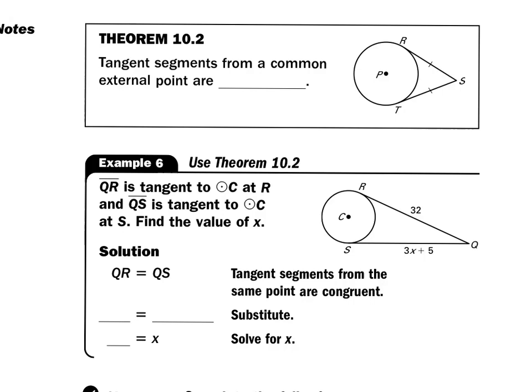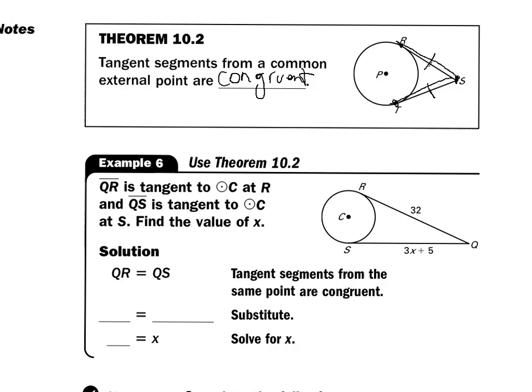Okay, theorem 10.2. Tangent segments from a common external point are congruent. That means if I have a point S here, and I draw a tangent to one side, and I draw a tangent to the other side, these two tangents are exactly the same.